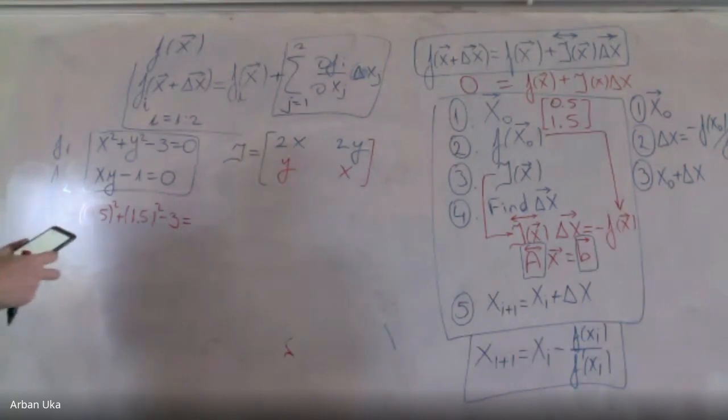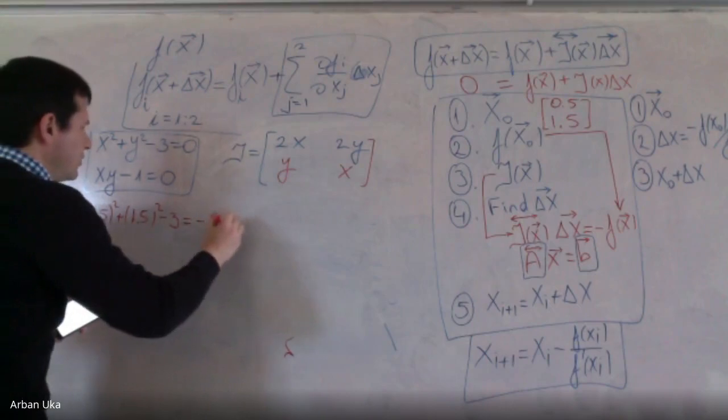So 0.5 squared, we get here 0.5 times 0.5 plus 1.5 times 1.5 minus 3. This is equal to minus 0.5, minus 0.5.